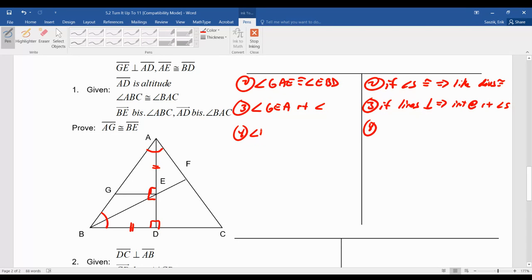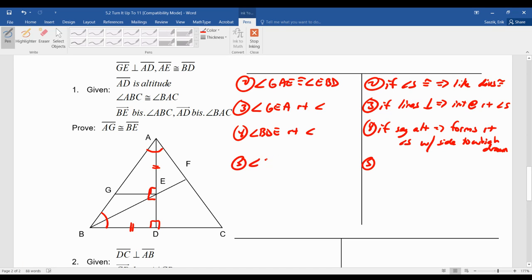So angle BDE is a right angle if segment, remember this is the new reason now, number 25A, if segment is an altitude, then forms right angles with side to which drawn. Sorry, a little bit messy there. Okay. If segment's an altitude, then forms right angles with side to which drawn.